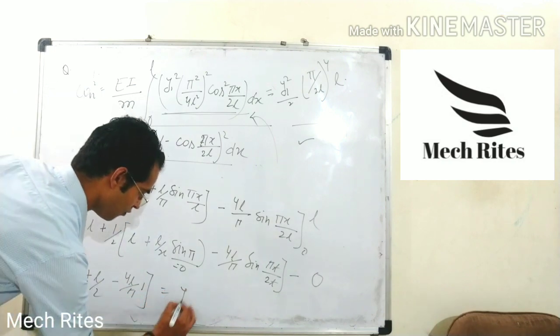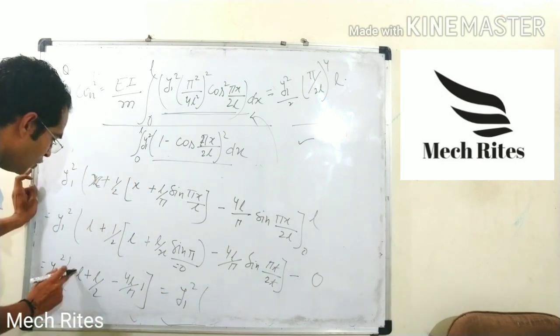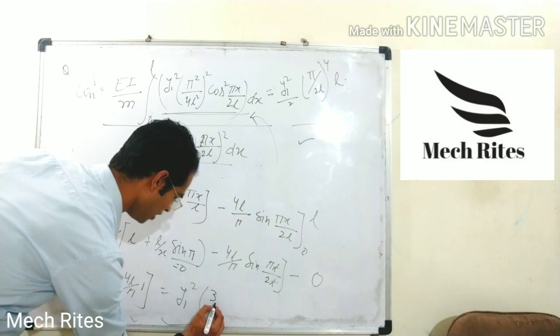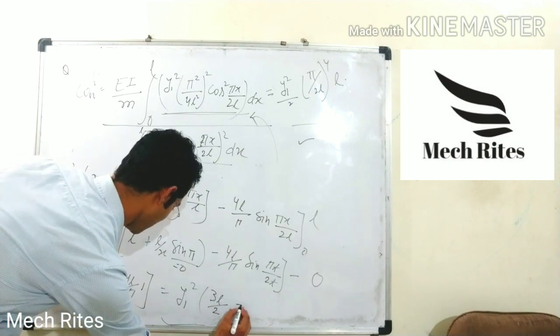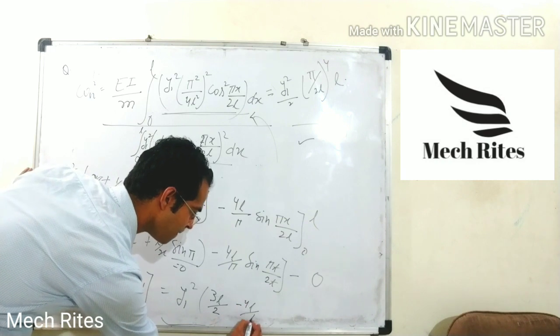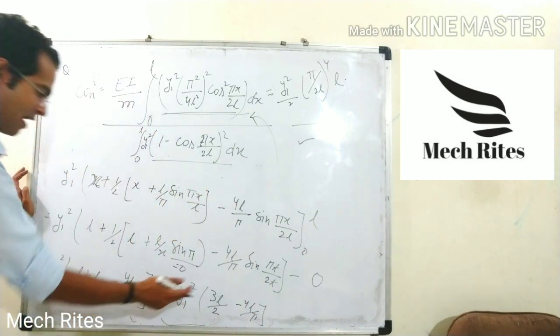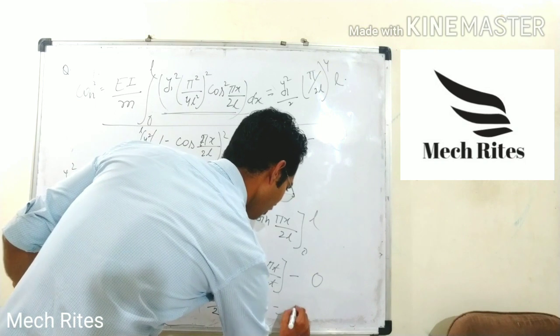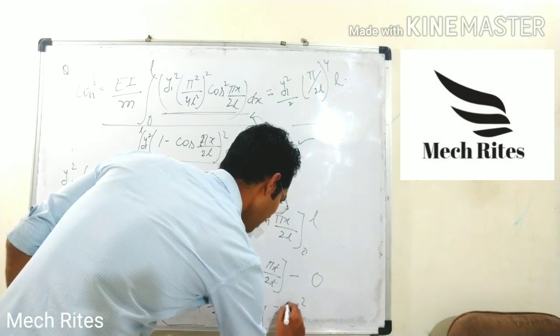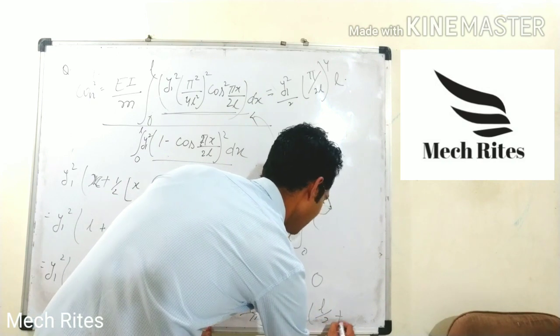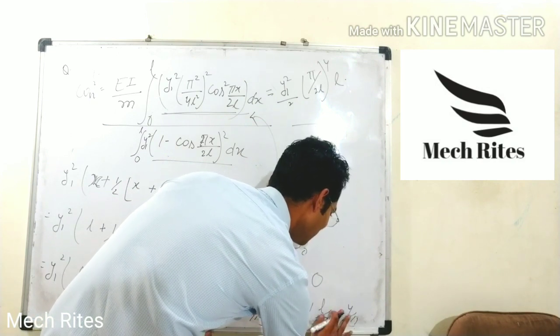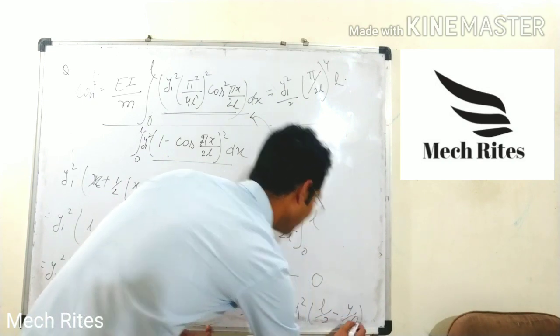So we can write 2L plus L, 3L by 2, minus 4L by pi. We can take L as common, so we may write L times (3 by 2 minus 4 by pi).